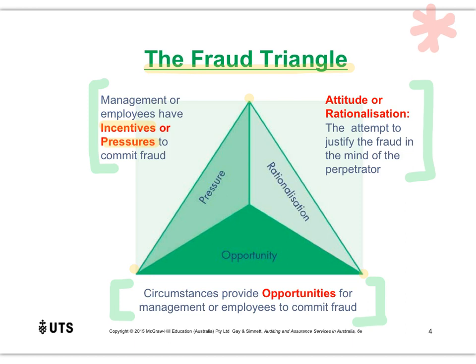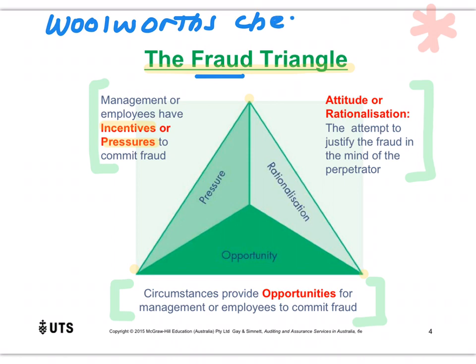So what could be an example of the incentive or pressure, the opportunity and the attitude or rationalization for someone who, and I'll write this down, wants to commit fraud at Woolworths checkout. That's our scenario. So checkout machines.